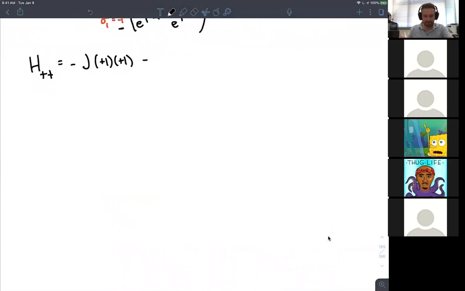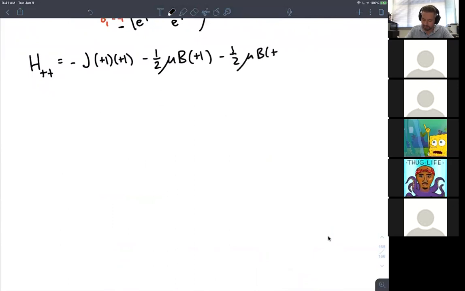What I'm going to write for that term is minus mu B times plus 1, because sigma 1 is up, but I'm going to stick an extra factor of a half here. Then I'm going to do the same thing for spin 2. So it's minus a half mu B times plus 1. That's how I define h++.